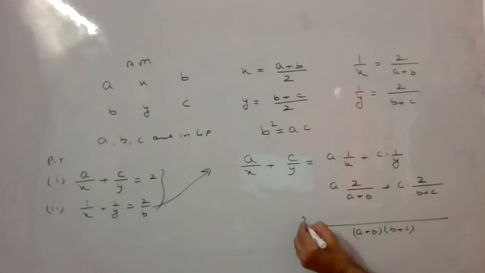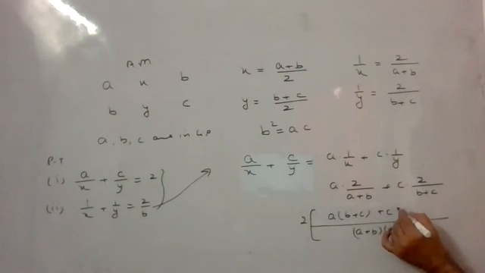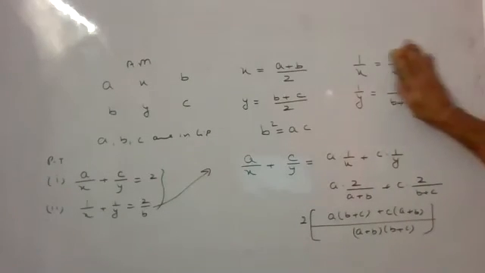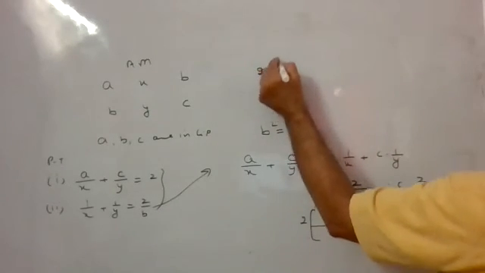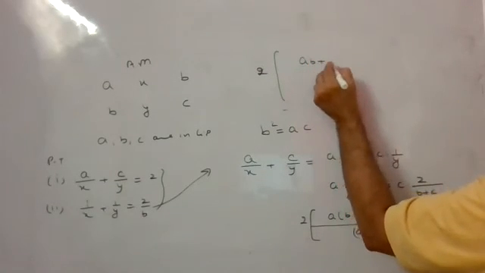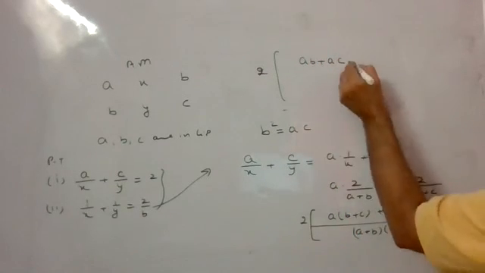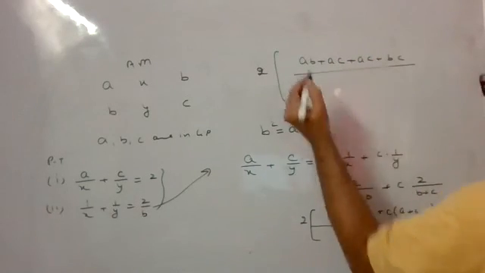Take the 2 outside. What is left now here? A into B plus C, and here will come C into A plus B. Now we will solve it further. Twice is here. This will come AB plus AC plus AC plus BC.